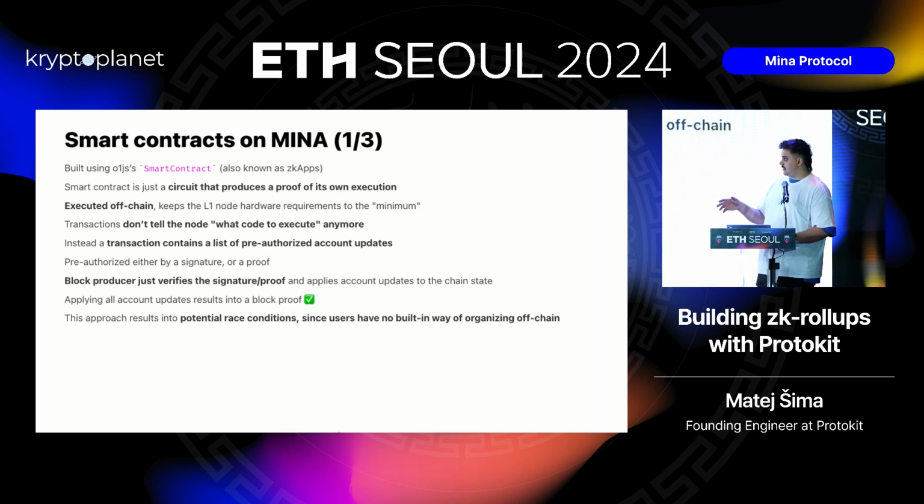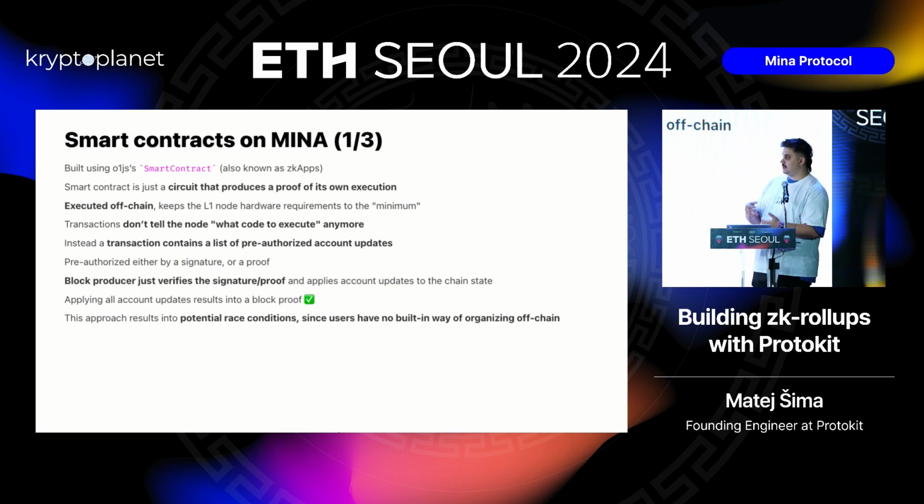There's one downside to this approach, and that is that there's a potential for race conditions. Imagine there's, I don't know how many people here in the room, and all of you would like to interact with the same smart contract, but you're all proving on top of the same data on your own devices, and then you all send the transactions to the node.